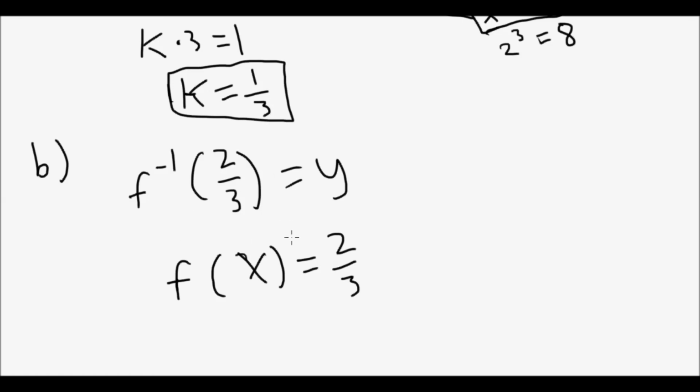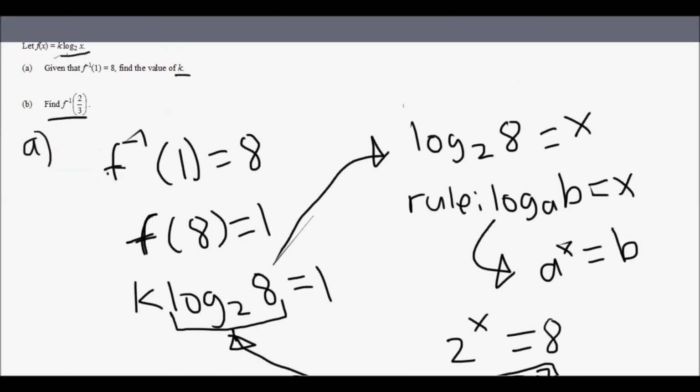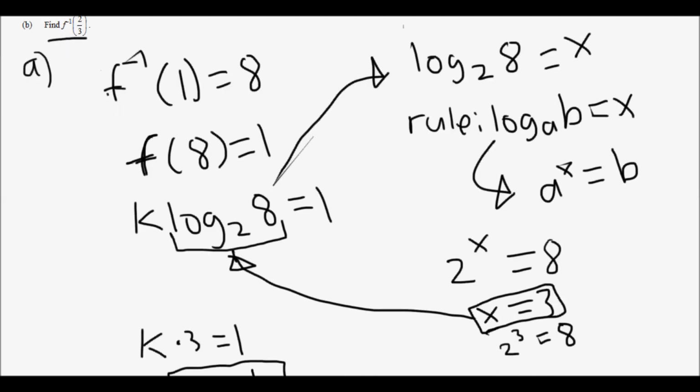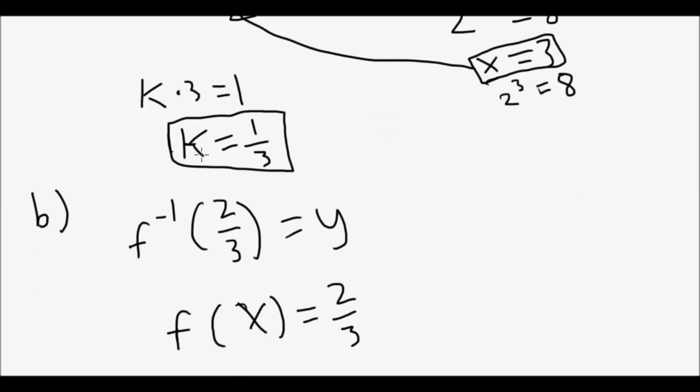So there we go. Now what we have to do is substitute what f of x is equal to. And we know that f of x is going to equal k log 2x. But we know what k is, so we're going to bring that over here.